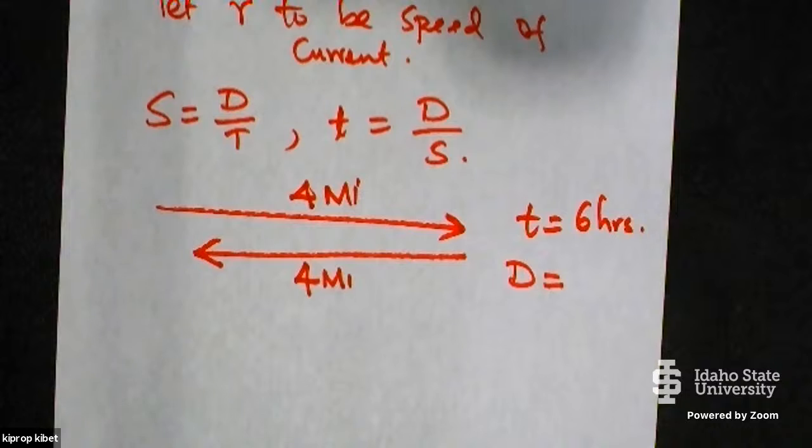So there are two ways there. Either he's going with the current or he's going against the current. When he's going with the current, the speed will be plus the speed of the current. When he's coming against the current, of course it will reduce the speed.